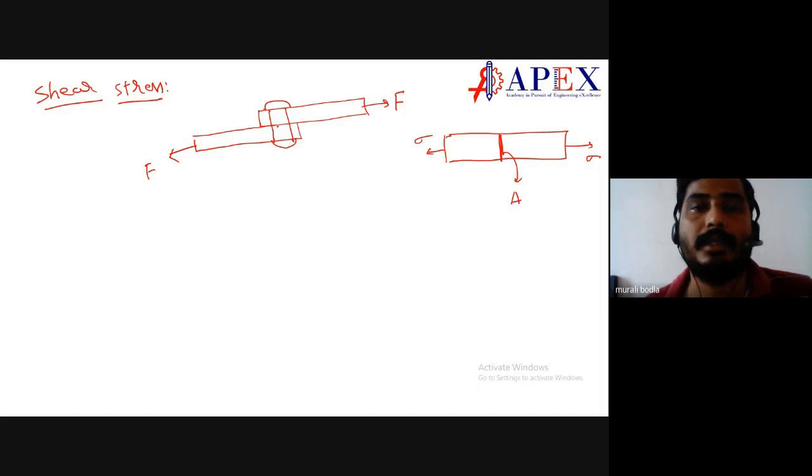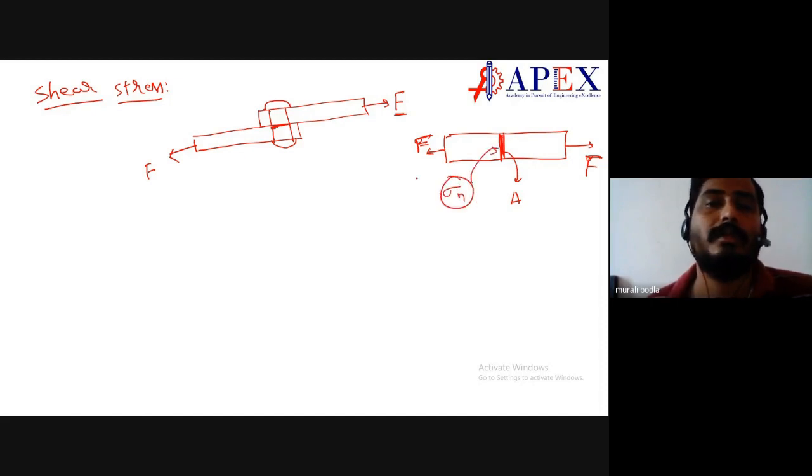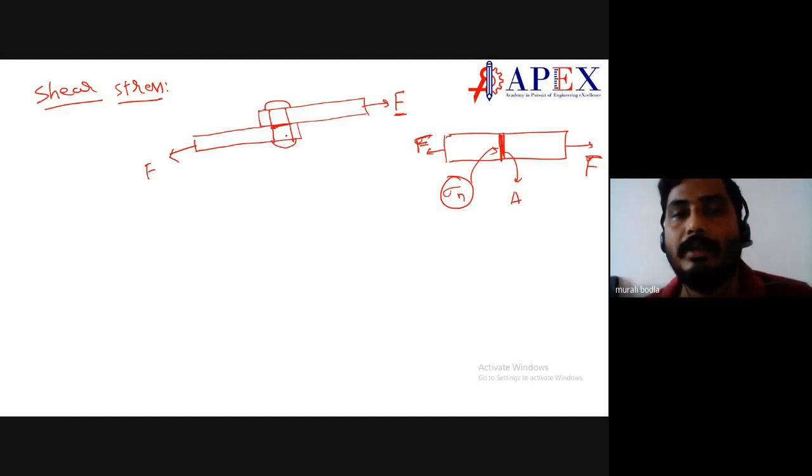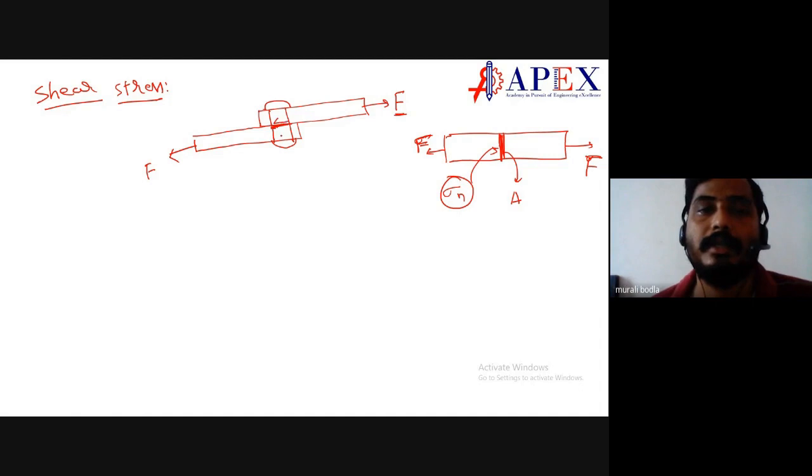Here the shear happens on the cross section which is parallel to the applied load. Previously this plane was perpendicular to the applied load, and on this plane we calculated the normal stress. But now the machine element is undergoing transverse load, and under that scenario we are going to see what kind of stress is developed.